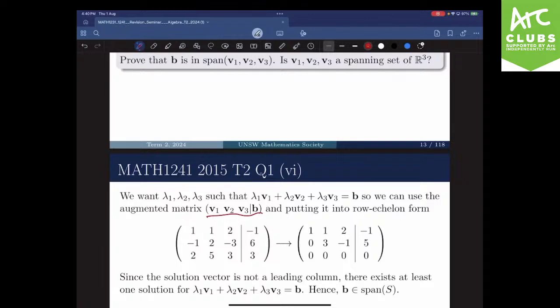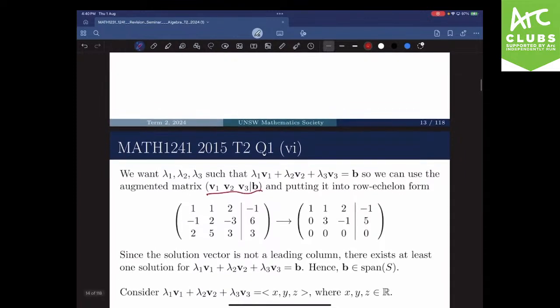Once we put it in row echelon form, we can see that the vector at the end, our b, is not a leading column. So there exists at least one solution to this equation, and thus we get that b is in the span of the three vectors.